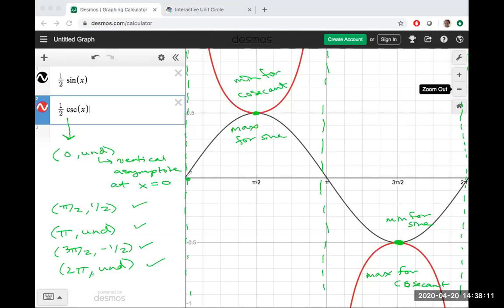And anywhere you have zeros for sine, you have vertical asymptotes for cosecant.